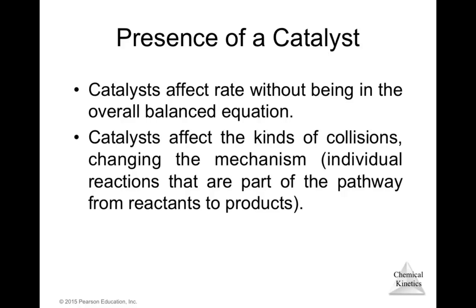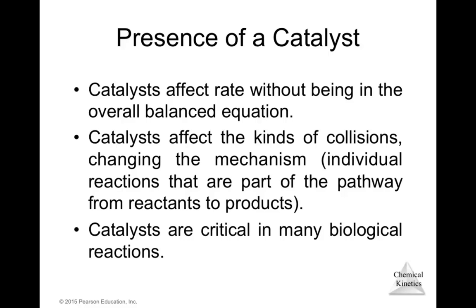Catalysts affect the kinds of collisions, changing the mechanism, the individual reactions that are part of the pathway from reactants to products, and we're going to see this a little bit later. And catalysts are critical in many biological reactions. We have a lot of catalytic processes in our body that need this type of catalyst so that reactions can take place inside our bodies.